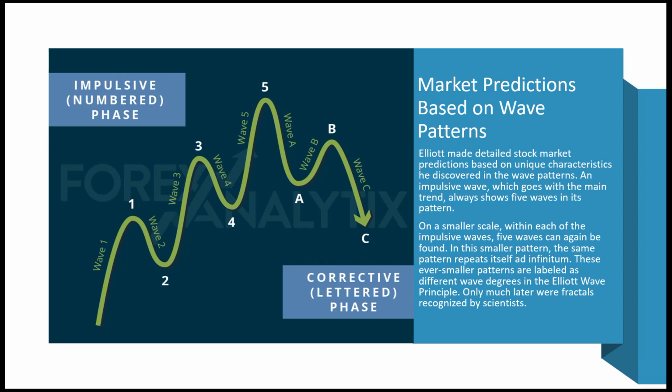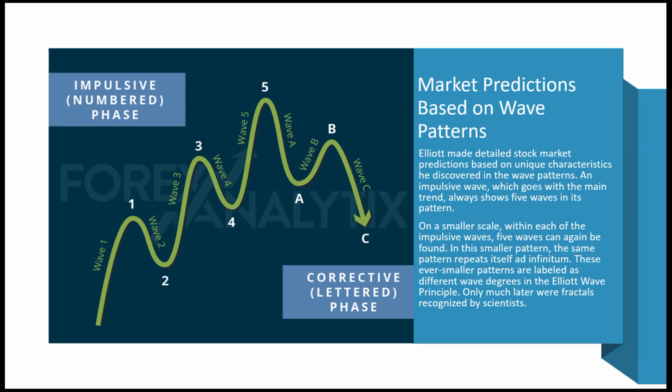Elliott made detailed stock market predictions based on unique characteristics he discovered in wave patterns. An impulse wave, which goes with the main trend, always shows 5 waves in its pattern. And on a smaller scale, within each of these impulse waves, 5 waves can again be found.